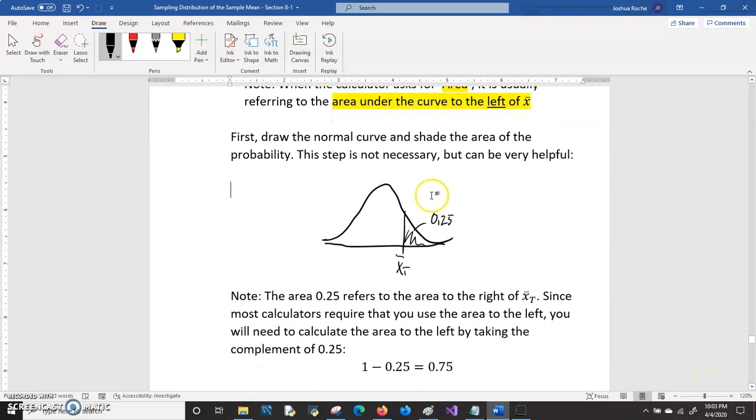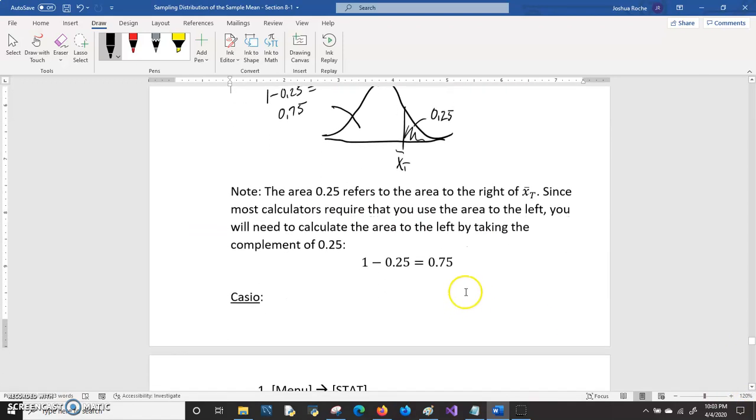And again, remember that the calculator usually needs the area that's to the left. So we know this is 0.25, but the area to the left would be the complement of this. So this area is going to be 1 minus 0.25, or 0.75. So we get that complement, 0.75.